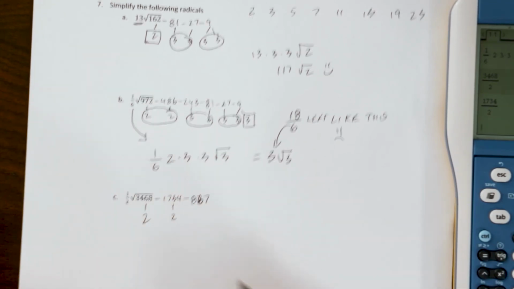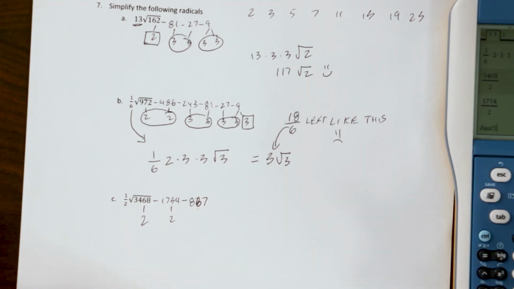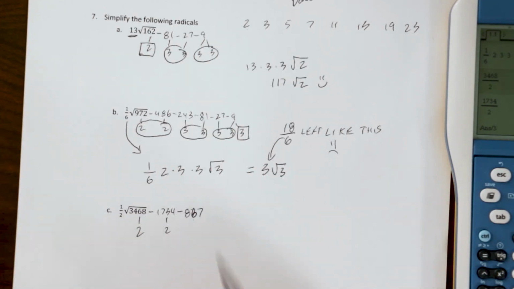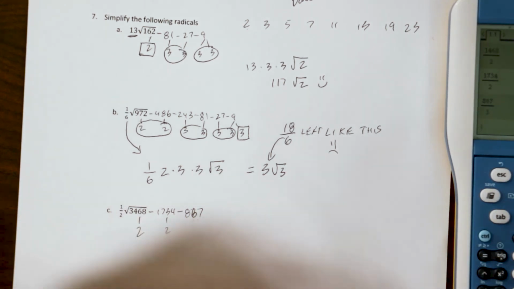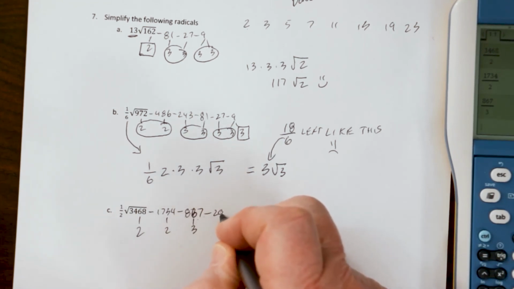Well, let's see if that's divisible by 3. I'm pretty sure it is. There's a trick for divisibility by 3: if you add up the digits and the sum is divisible by 3, then the number is divisible by 3. If you add up those digits, it's 21, and 21 is divisible by 3, so that's going to work. So that's 3 and 289.